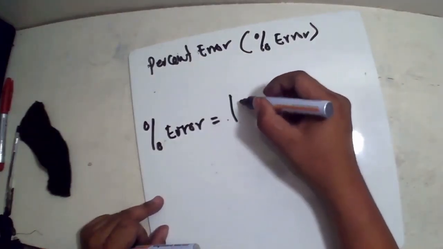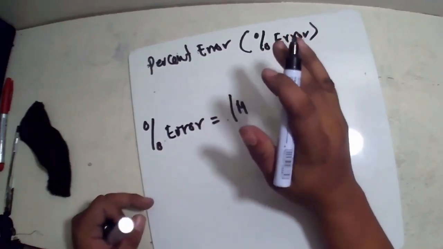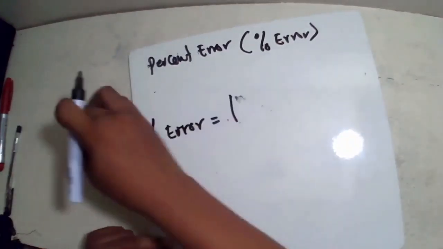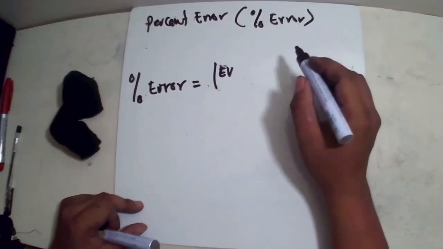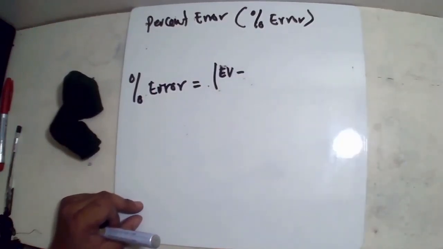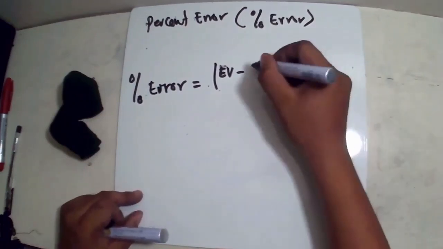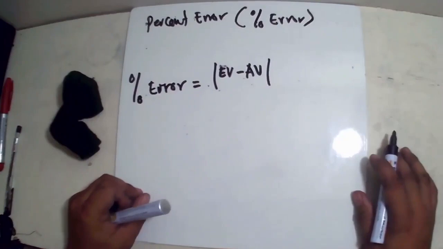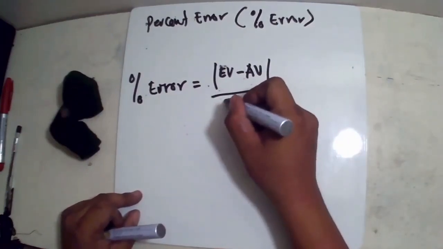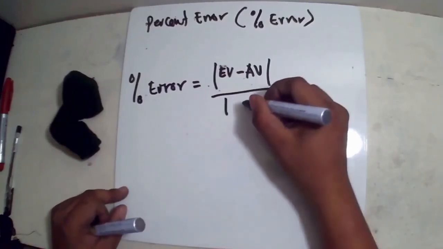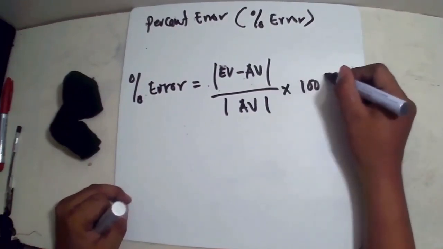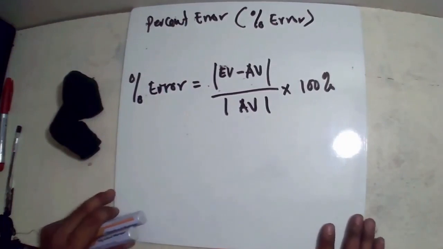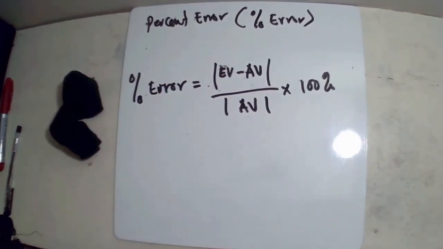The measured value here is referring to the experimental value, so I will just put EV, experimental value, minus the accepted value, AV, absolute, divided by the accepted value, again absolute, multiplied by 100%.